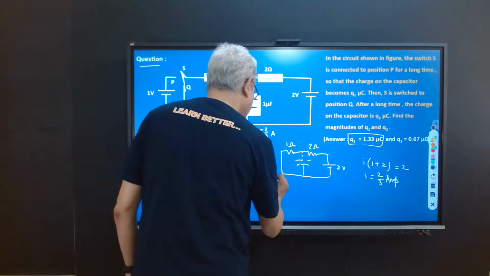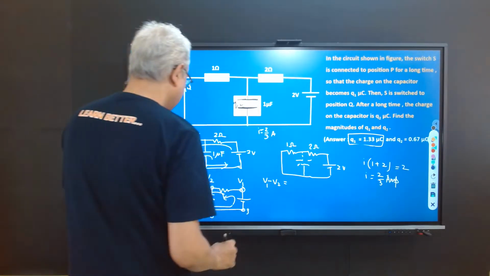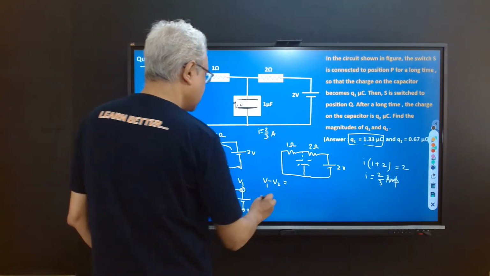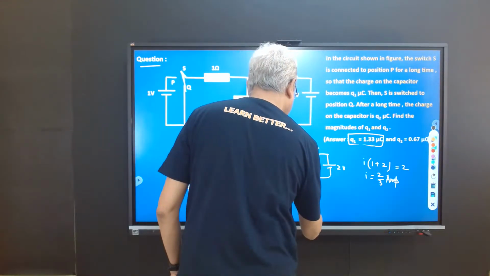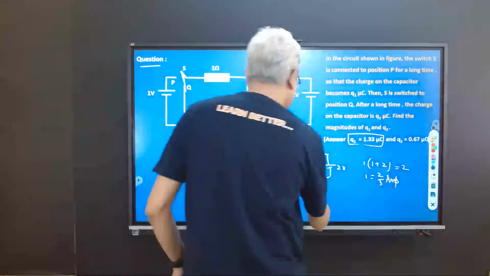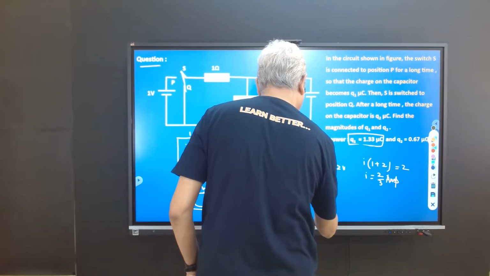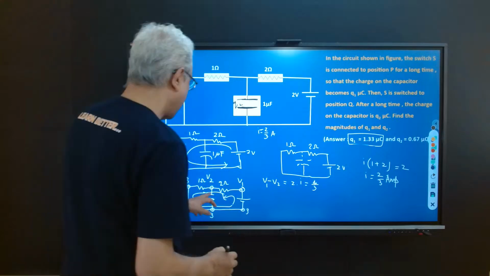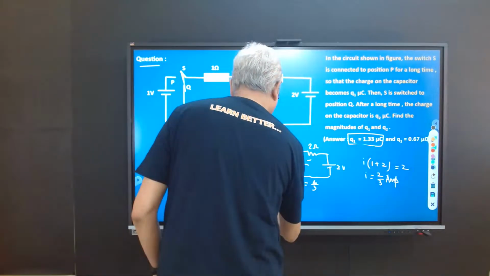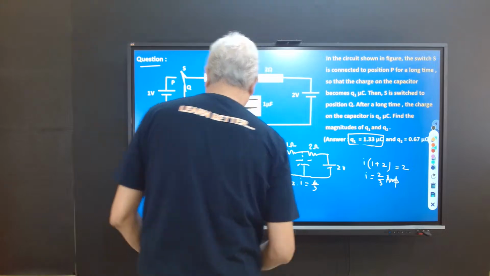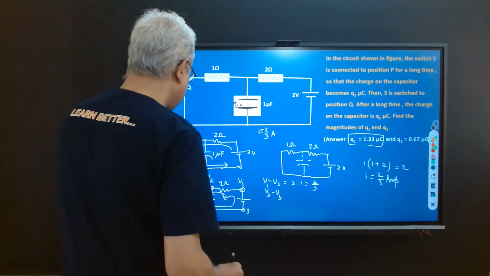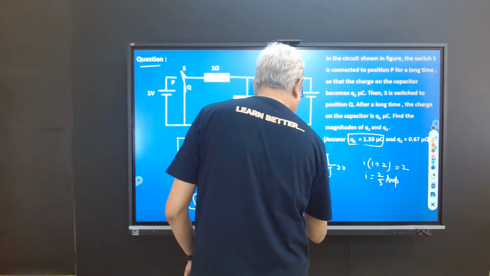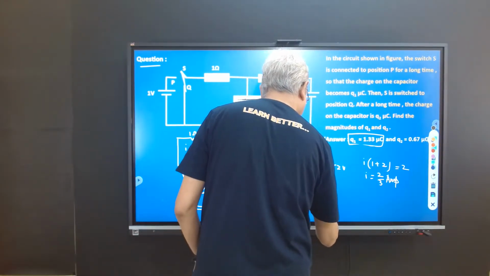So V1 minus V2 is, this is 2 ohm resistance, so 2 multiplied by I, that is 4/3. And V2 minus V3 is 1 into I, so it is 2/3.